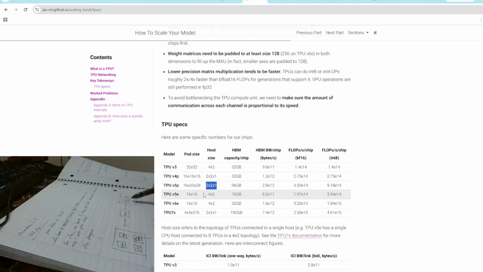So 4 chips and 2 trays. So what does 2 by 2 by 1 mean?